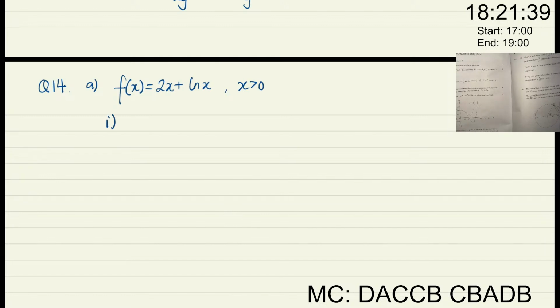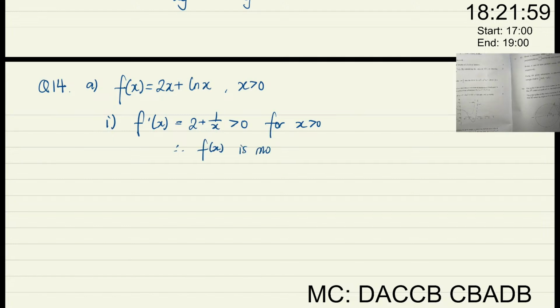Explain why the inverse of f of x is a function. Oh, geez, really? Look, to me, the way you do this is you just check f dash x, and you go 2 plus 1 on x, and you say that is greater than 0 for x greater than 0. Therefore, f of x is monotonic increasing, i.e. 1 to 1.